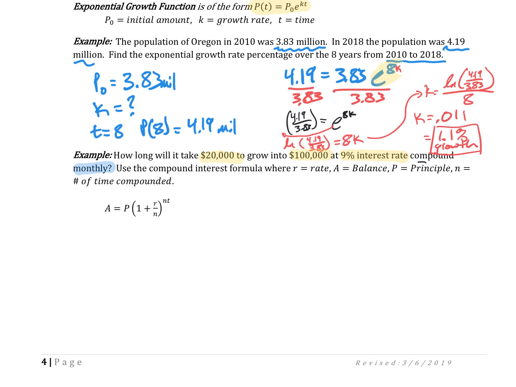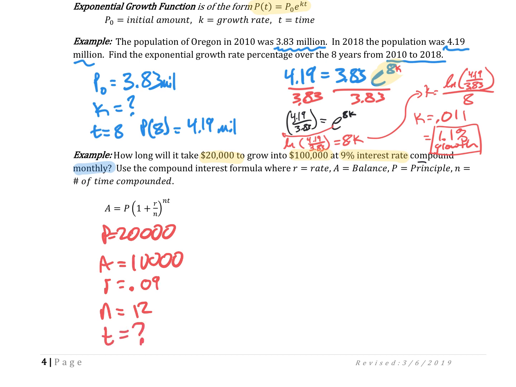We know the initial amount, P, is $20,000. We want it to grow to $100,000. We know our rate is 0.09. Make sure you write that as a decimal. And it's being compounded monthly, so n is 12. The thing we don't know is how long this is going to take, so we want to find the time.